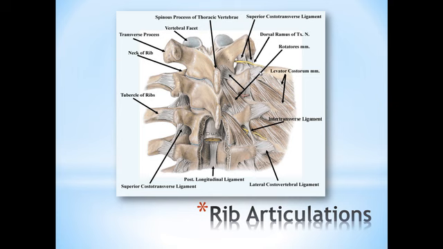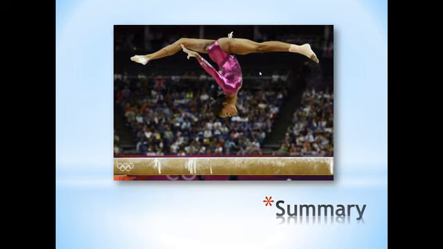So when I kind of want to summarize the rib cage, ribs 1 through 10 articulate posteriorly with the vertebral column with 2 synovial joints, the costovertebral and the costotransverse joints, and anteriorly through the costal cartilage to the manubrium and the sternum, either directly or indirectly.